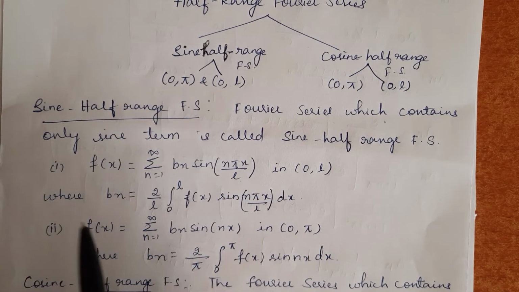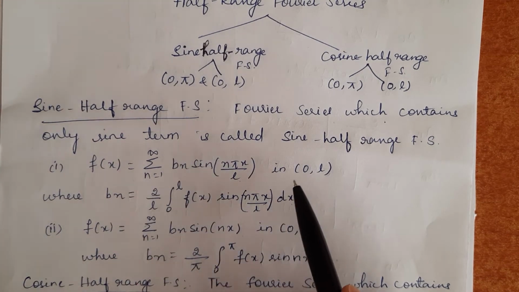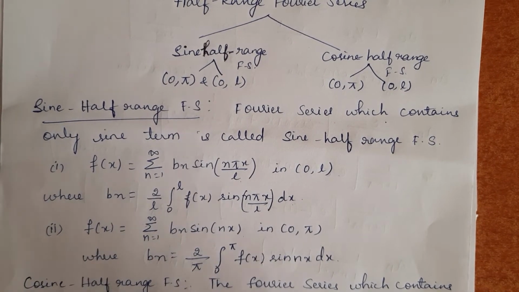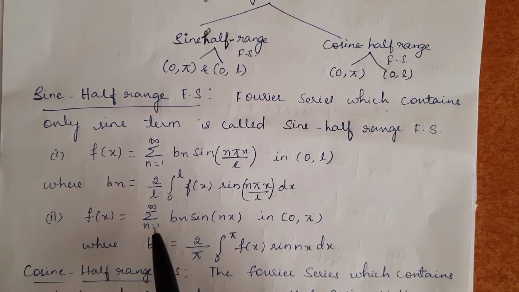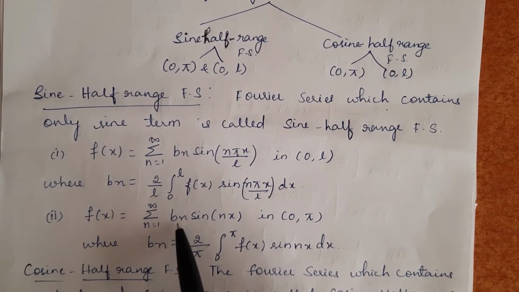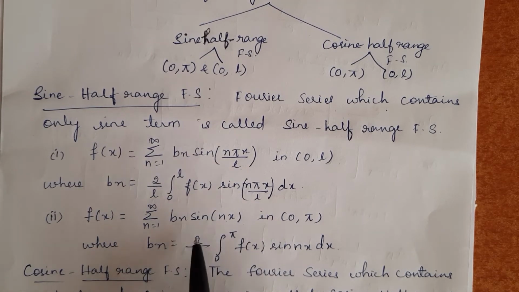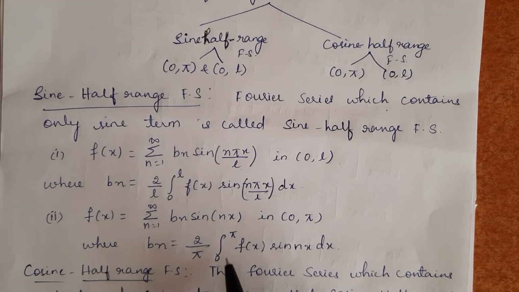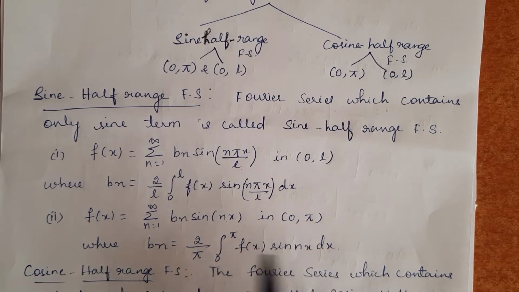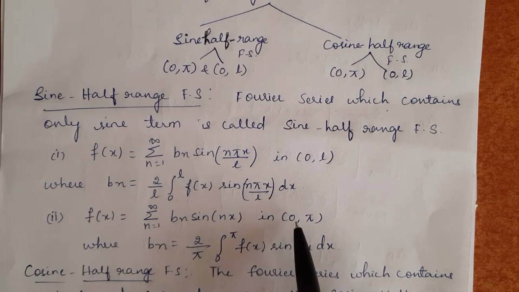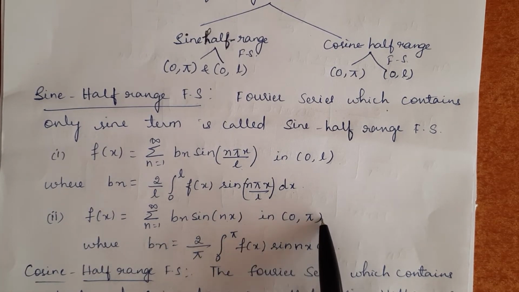This is the sine half range Fourier series in the interval 0 to L. Similarly, f of x equals summation n equals 1 to infinity bn sine nx, where bn is 2 by pi integral between 0 to pi f of x sine nx dx. This is the sine half range Fourier series expansion in the interval 0 to pi.